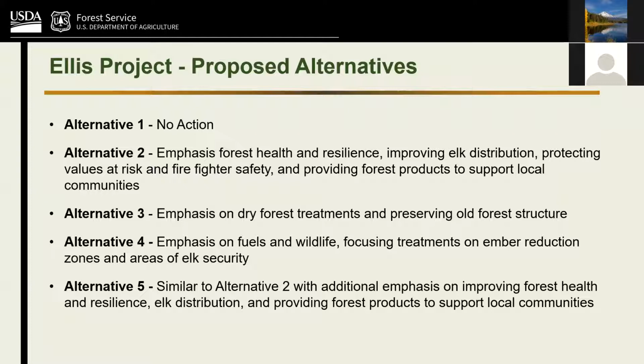And then there are some additional roads proposed in alternative 5 as well. So the emphasis is on improving forest health and resilience and elk distribution, and then providing forest products to the local communities. So those are our alternatives that will be in the DEIS.